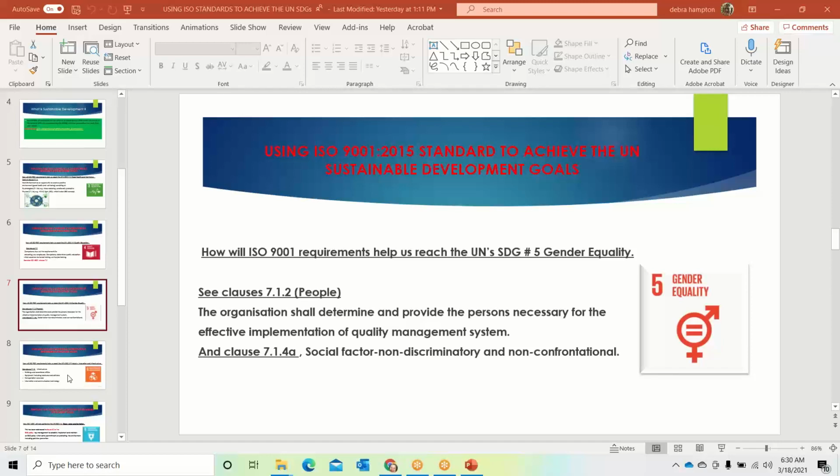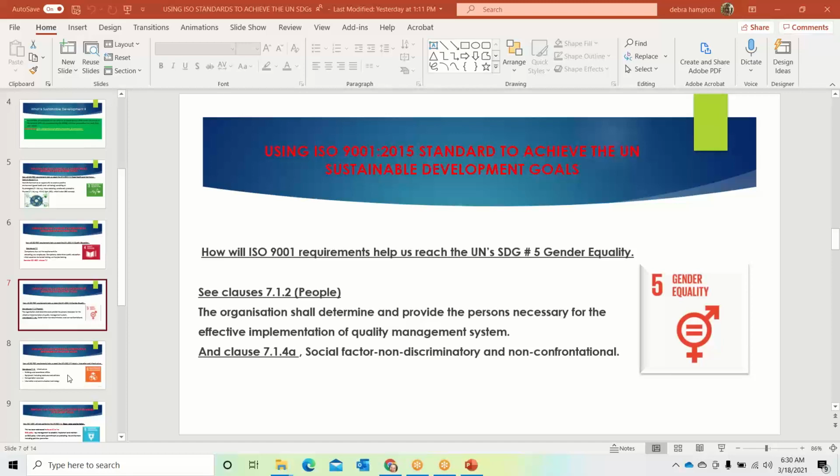So the social factor is equally one of those factors that will affect a working environment. Okay, so now, how can this social factor be related to gender equality? Of course, like I said before, it should be non-discriminatory. It should be calm. It should be non-confrontational, irrespective of your race, irrespective of your religion, irrespective of whether you are a woman, or generally irrespective of your sex.